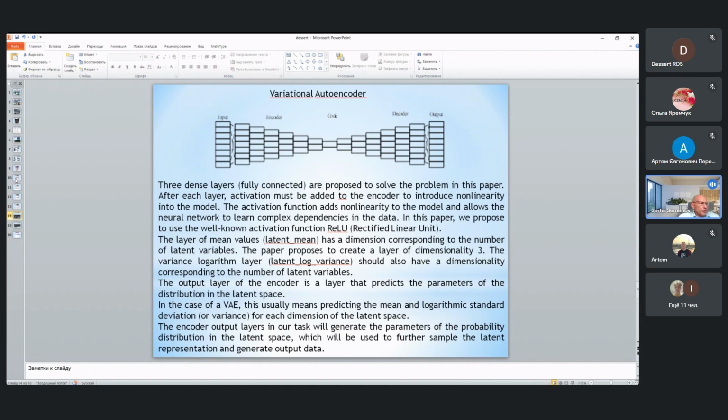The encoder output layers in our task will generate the parameters of the probability distribution of the latent space, which will be used to further sample the latent representation and generate output data.